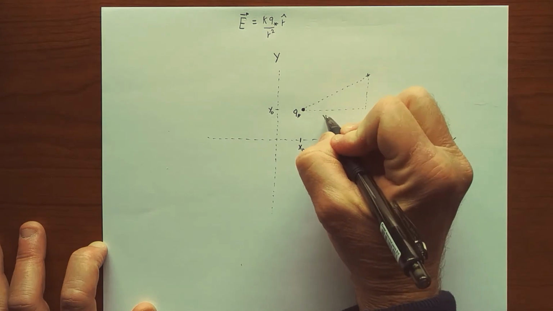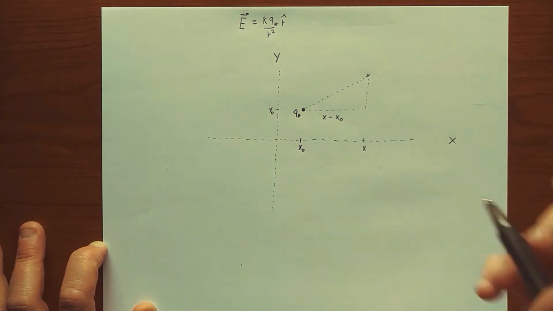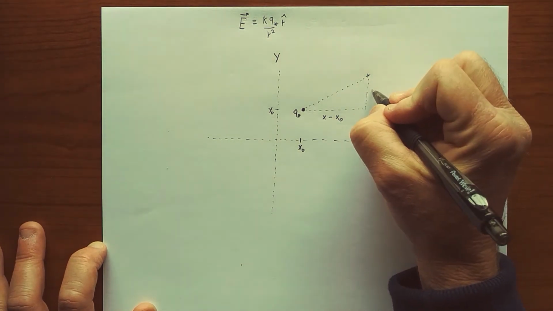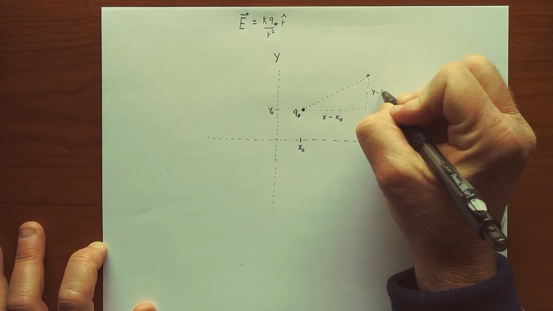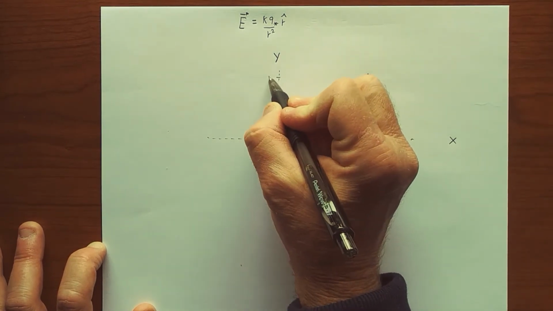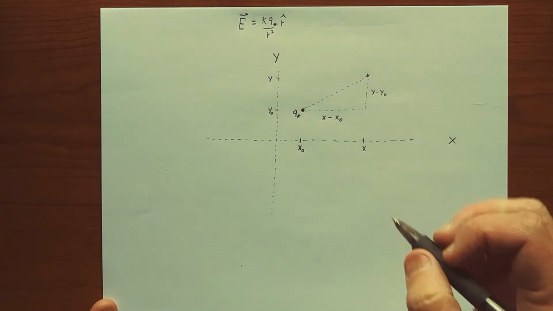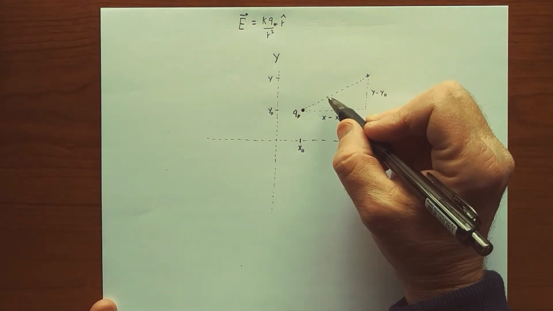So here we have x minus x naught. That's some positive value. And when we square that, we're going to add that to this side, where this corresponds to some y value. So we can leave that as x and y sort of unspecified so that this expression is general. And so now we know how to get the hypotenuse.